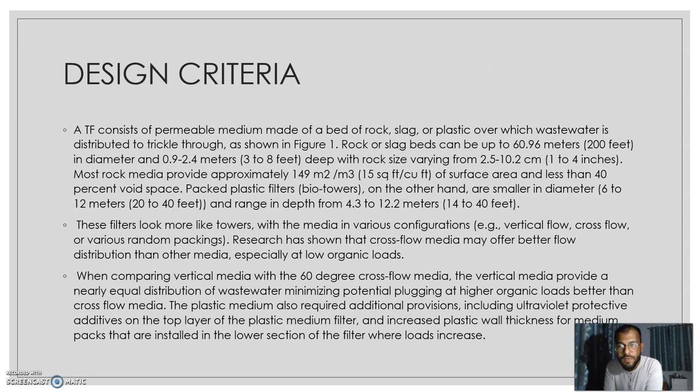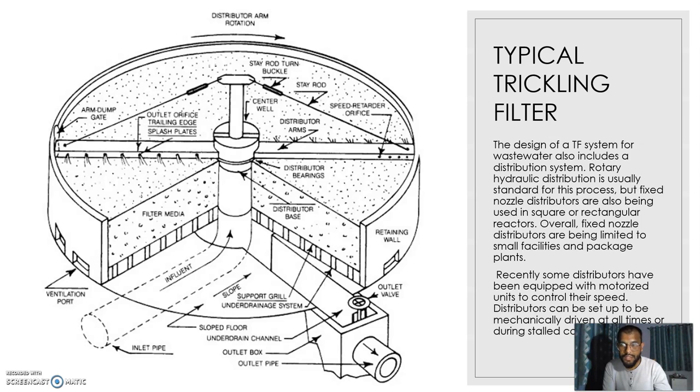Now let us come to the design criteria of the trickling filter. A trickling filter consists of a permeable medium made of bedrock, slag, or plastic over which wastewater is distributed to trickle through, as shown in the figure. As we can see in the figure, we have a supportive grill and underdrain system, then there will be a bed.